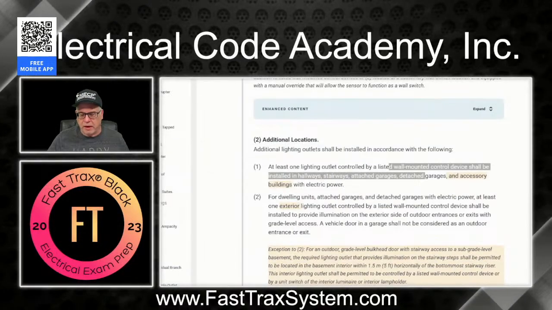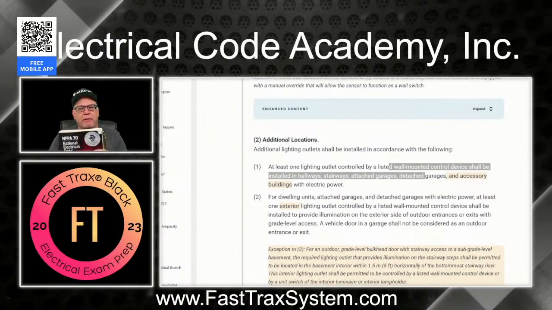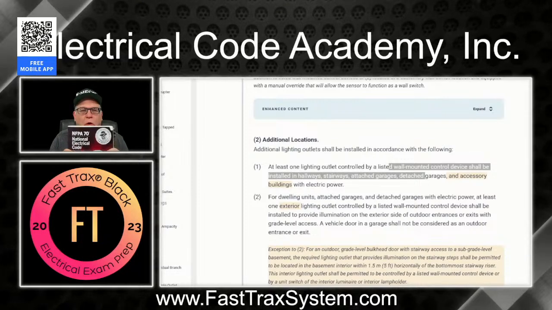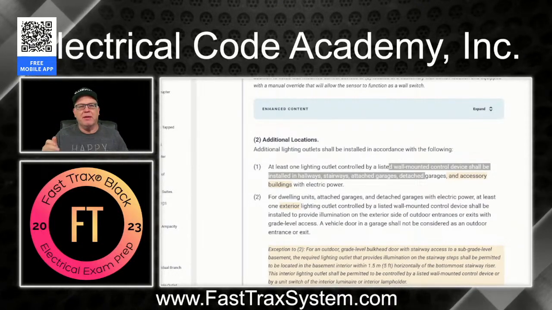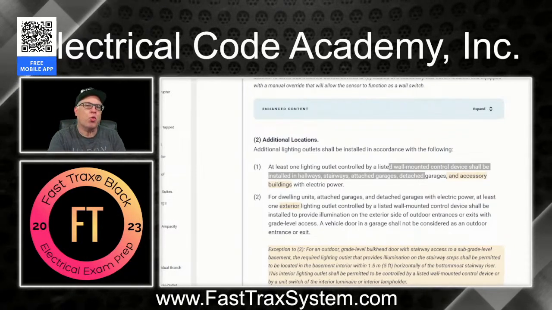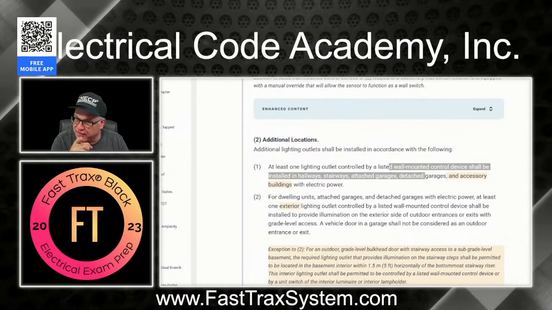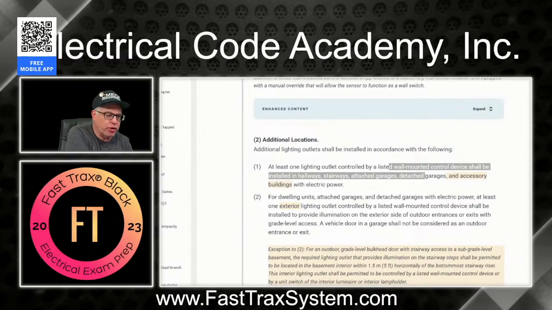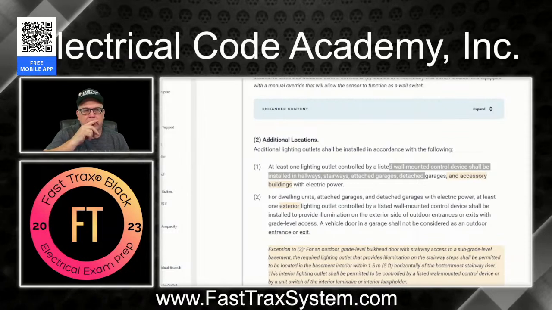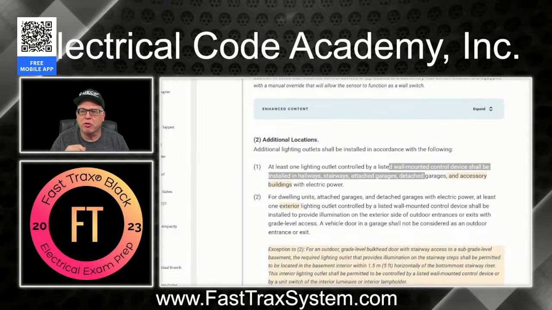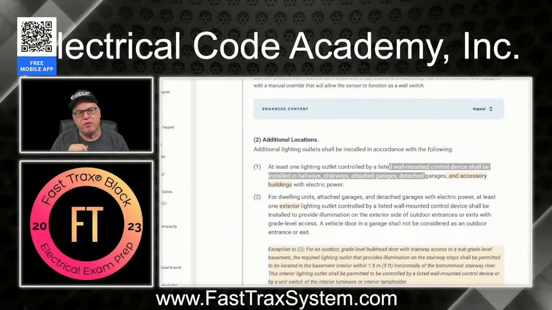Now, one thing to remember here, this is the 2020 edition. It would be 311. But in the 2023 edition of the NEC, here's a little bonus for you: the 2023 edition created a new article for medium voltage.